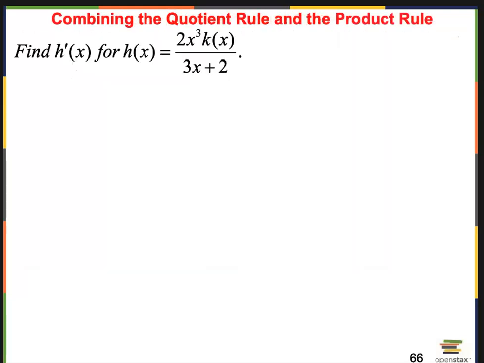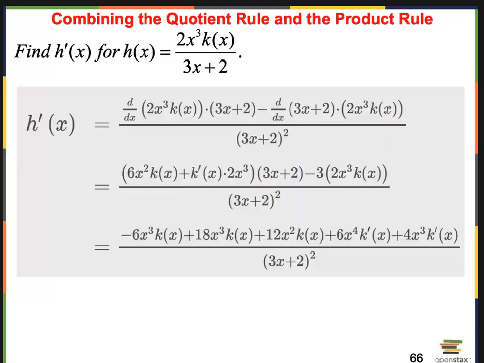Okay, so let's look at this combination here. And so it looks pretty ugly. We've got 2x cubed and then this k of x function. And we still follow the quotient rule and the product rule, because up here we're multiplying as well as using the quotient rule, which can be pretty tedious, as you can see as you work through this function.